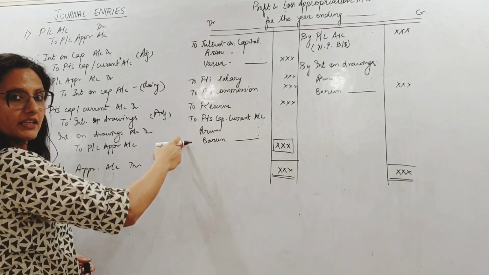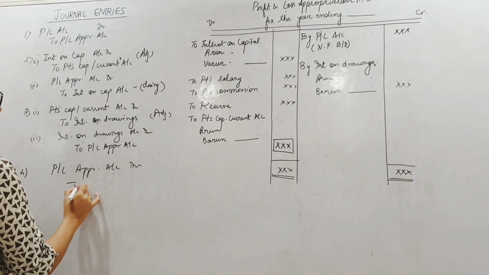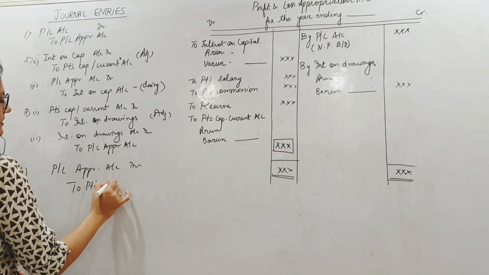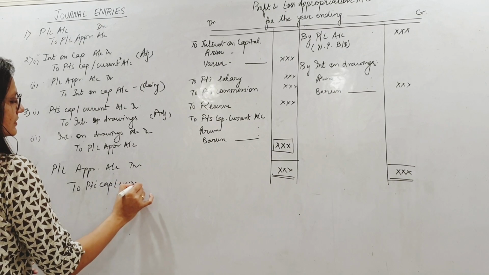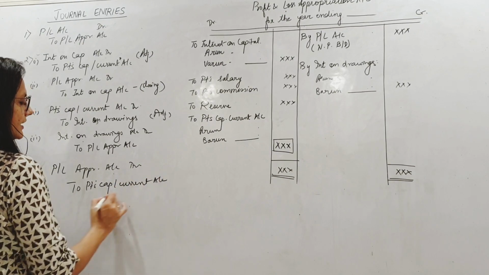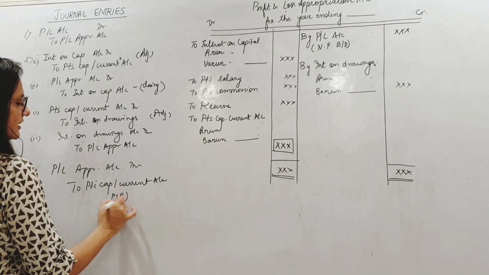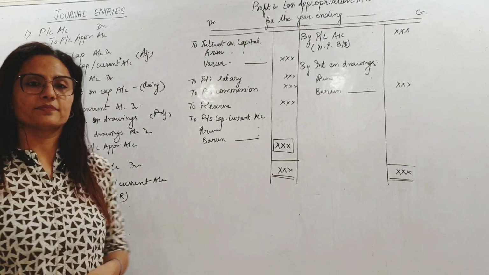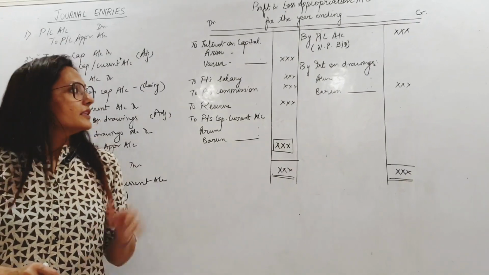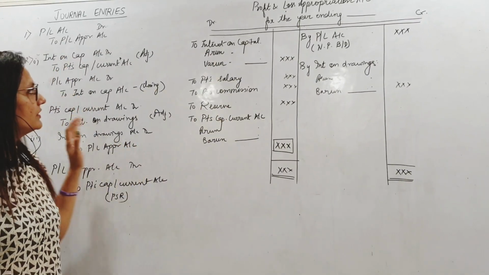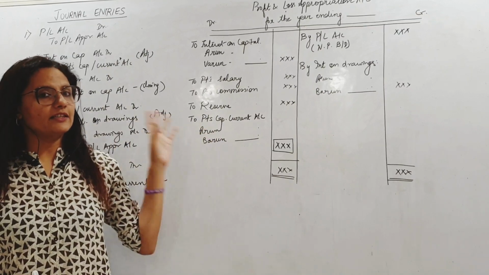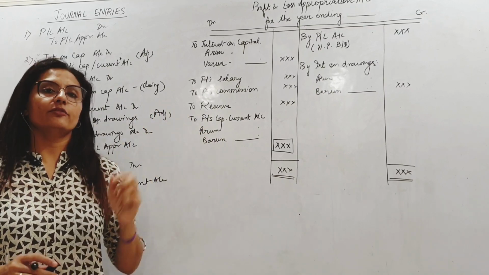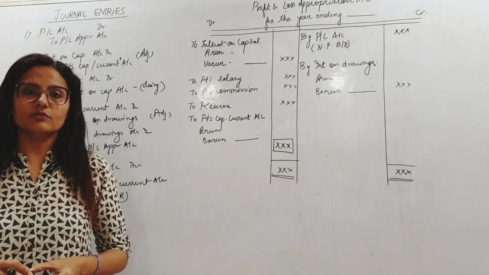Are we debiting it here? And what are we debiting? Two partners, capital or current account in their profit sharing ratio. So this is the entire treatment of journal and ledger. It is the preparation of profit and loss appropriation account.